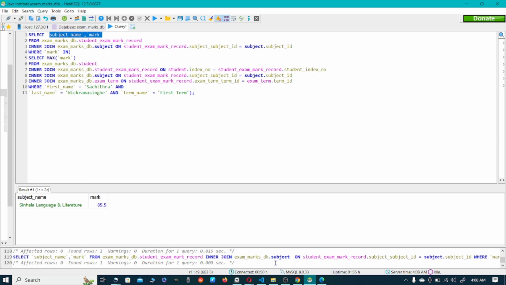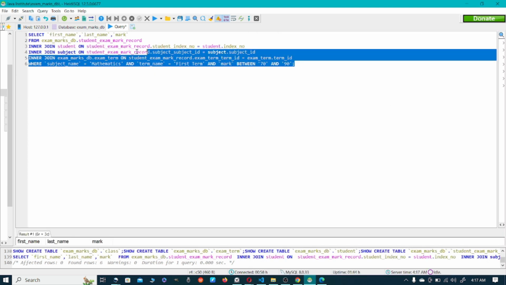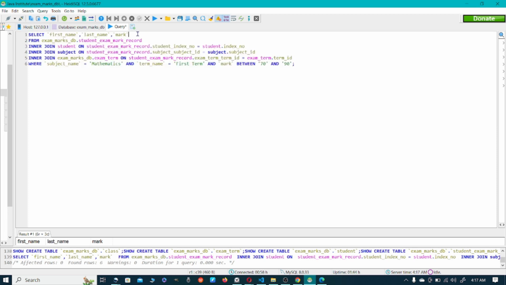Let's see the third question. Find the name and mark of the students who scored between 70 and 90 marks in the mathematics subject in the first term examination. This would be our third query. As we have to find the name and the mark, we have included them: first name, last name, and mark.